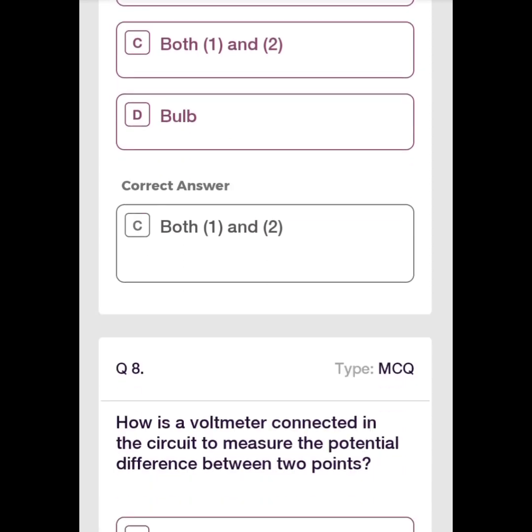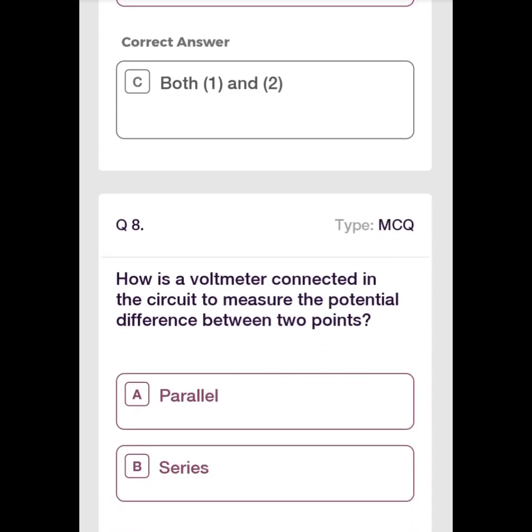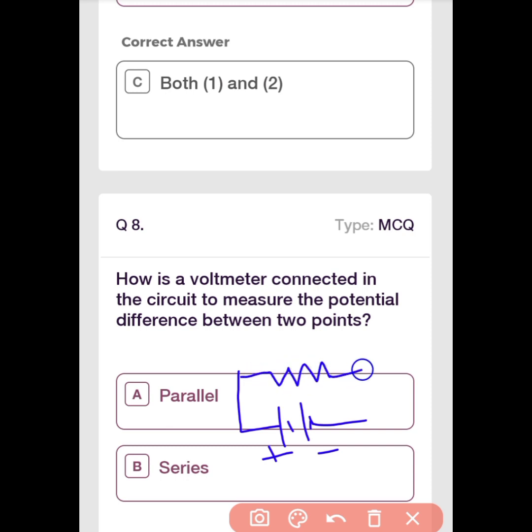Okay. Eighth question. How is a voltmeter connected in the circuit to measure the potential difference between the 2 points? Just now I explained by drawing a diagram. So this is the potential difference, okay, which we will be applying to any resistor, okay.